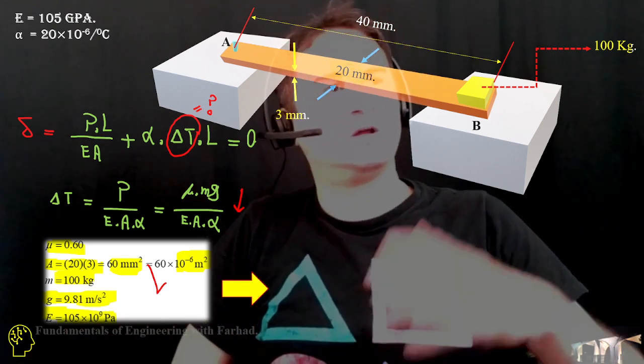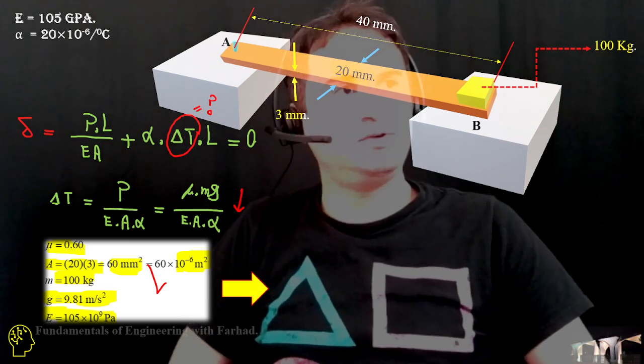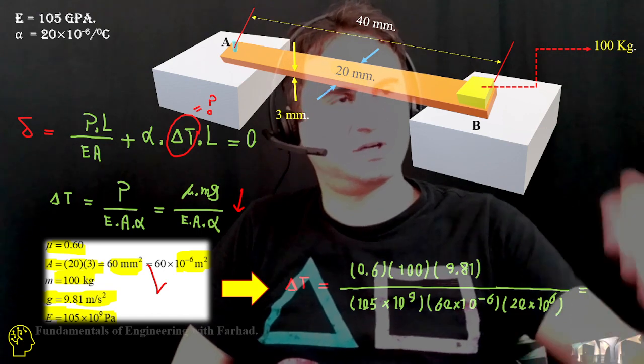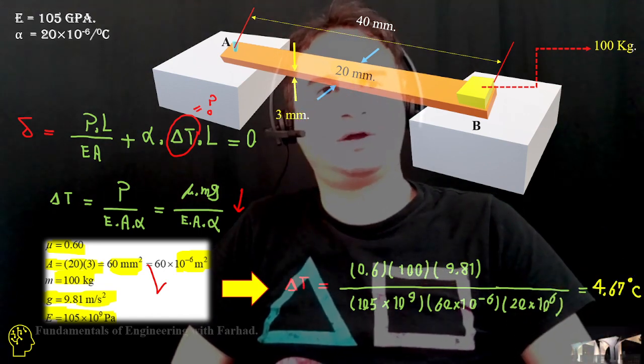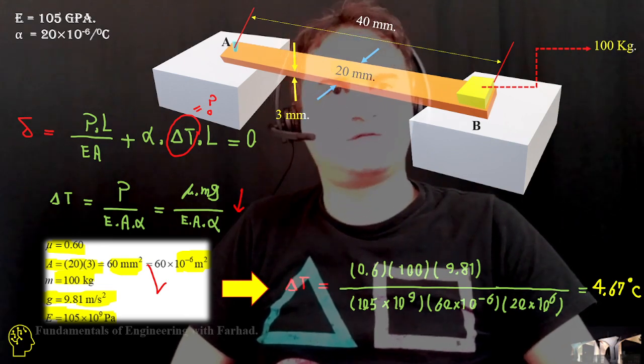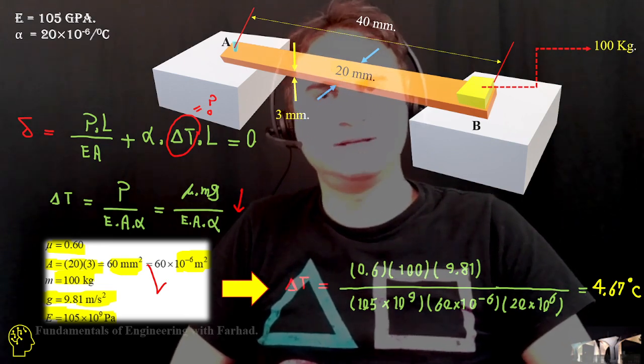If we plug the numeric values into the equation, it gives us a decrease in temperature of almost 5 degrees, 4.67 degrees Celsius.